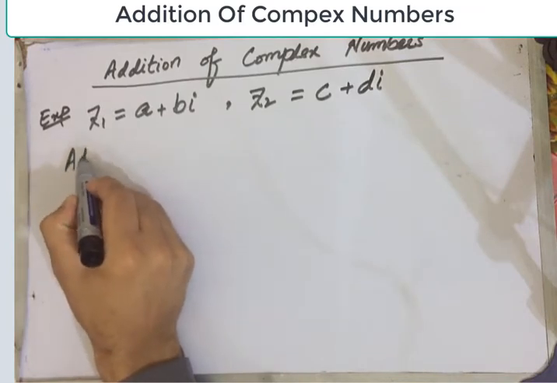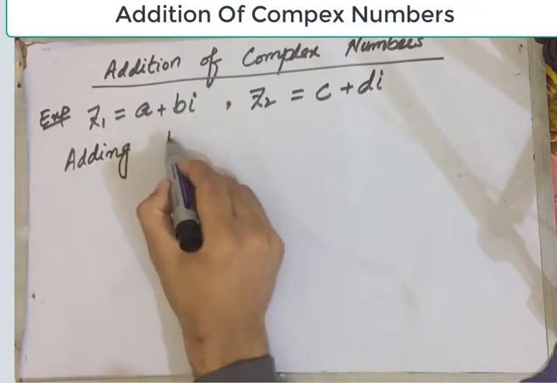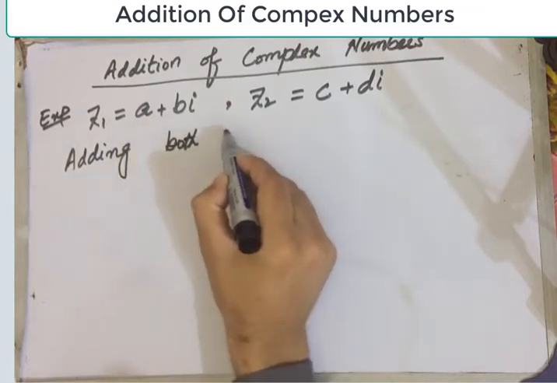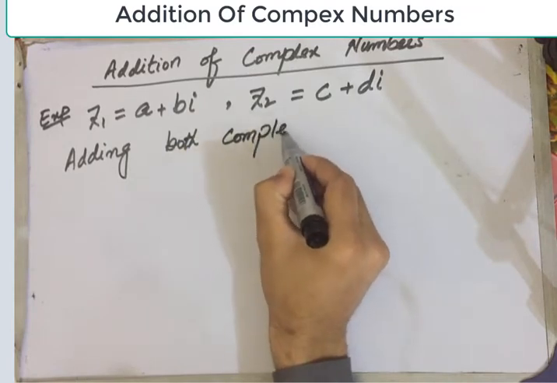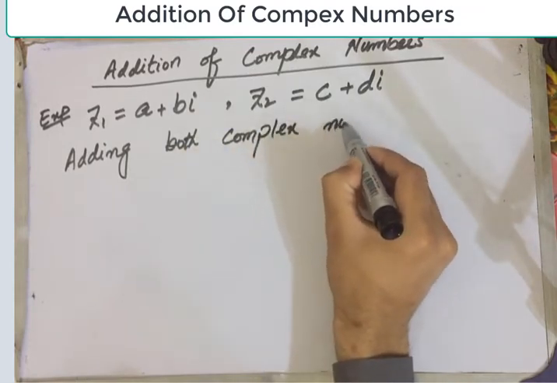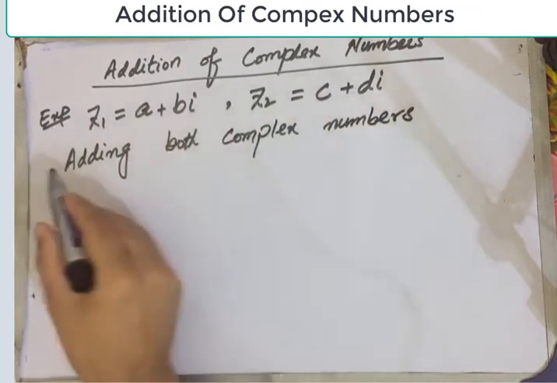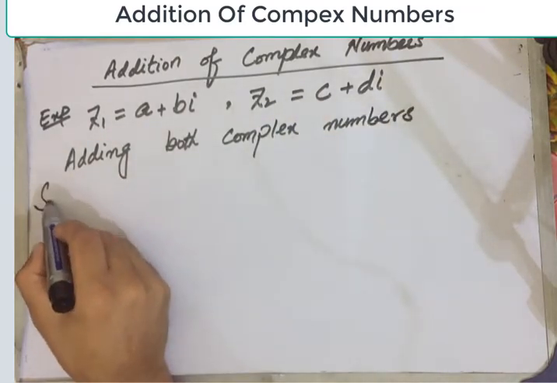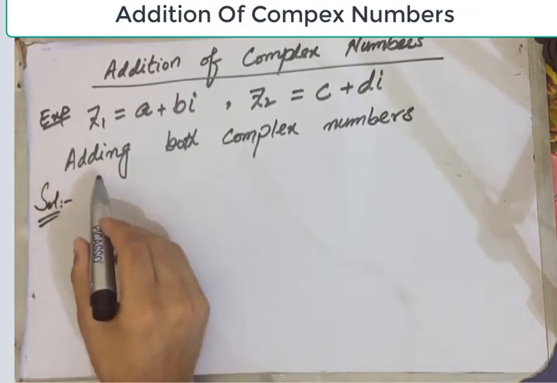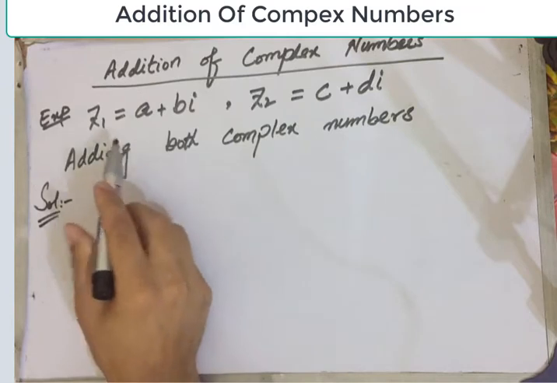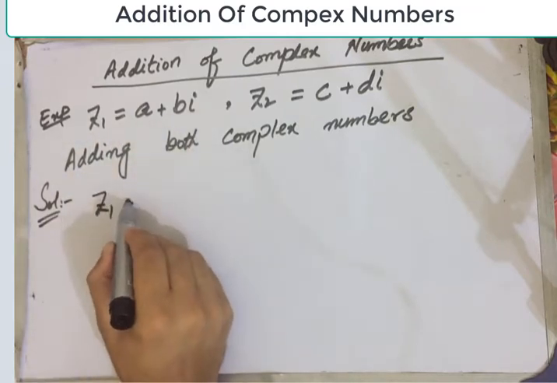Given that, adding both complex numbers, let's start the solution of this method.